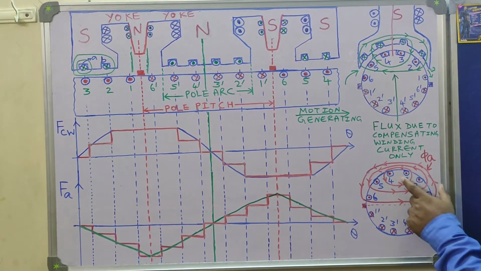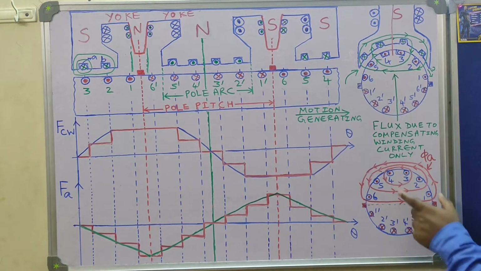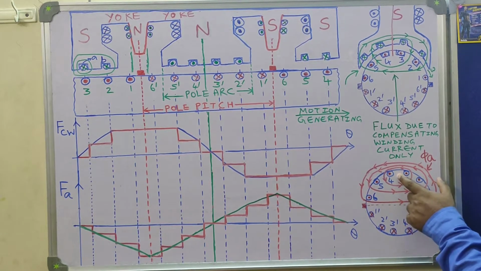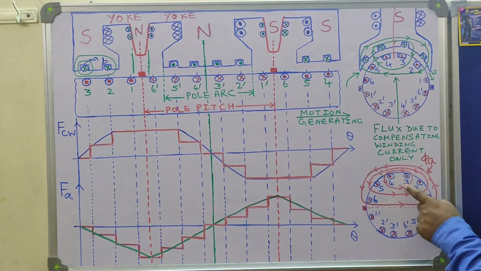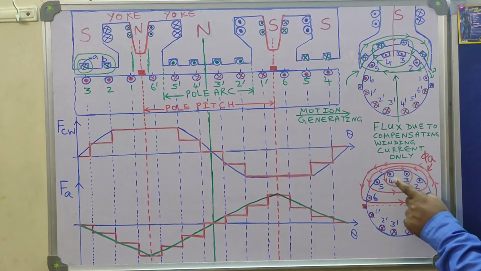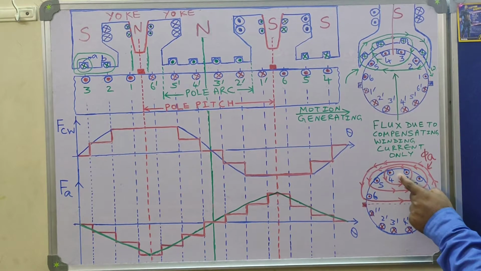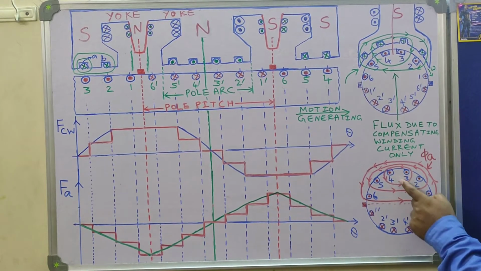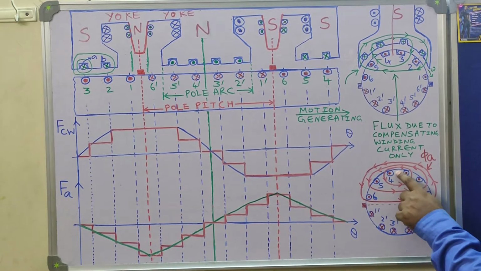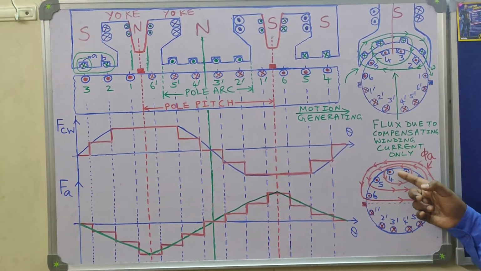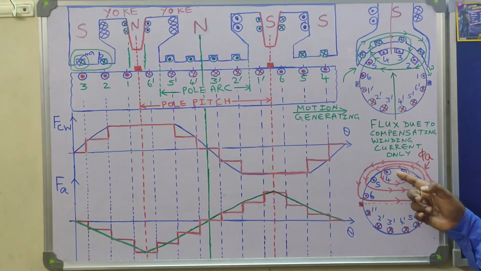Likewise, in the armature core, this is my armature core, you will find that in the armature core portion lying between slot numbers 3 and 4, no armature flux is entering or leaving. You can look at the diagram and see for yourself.